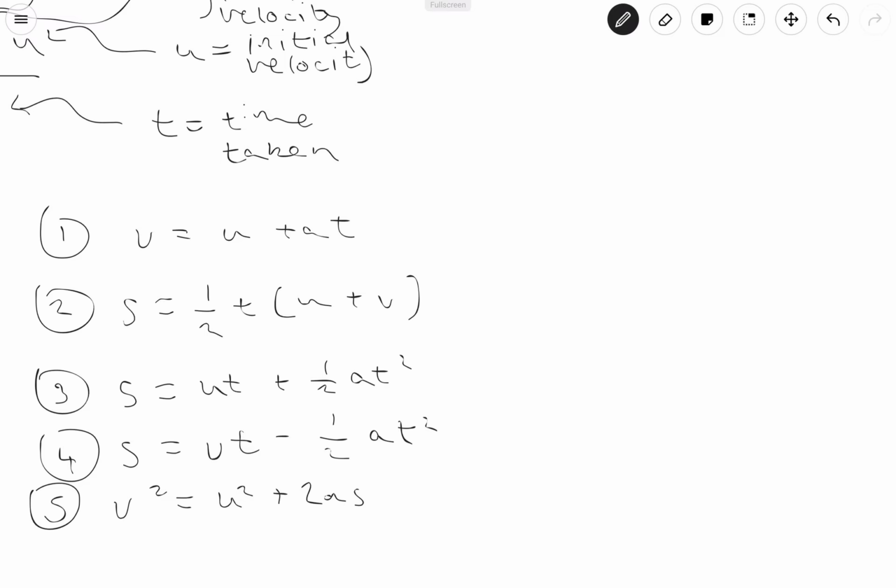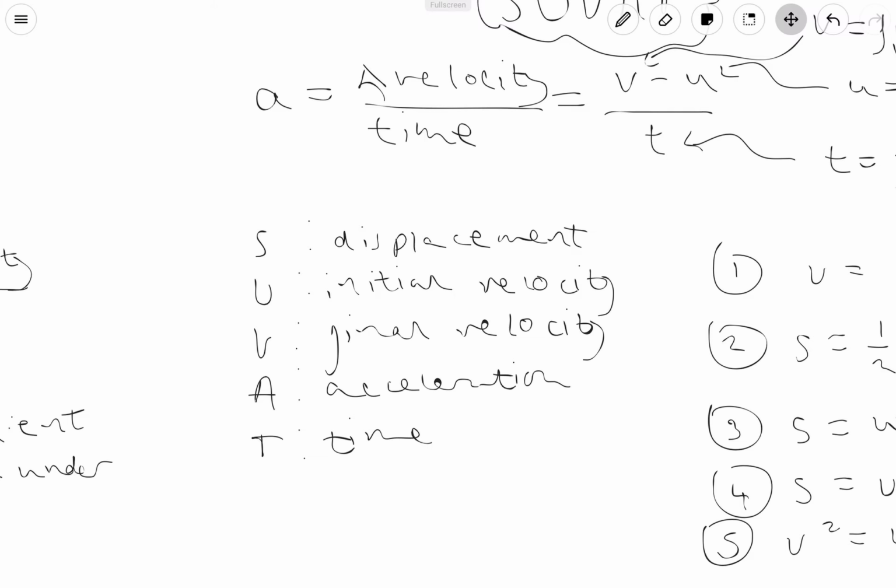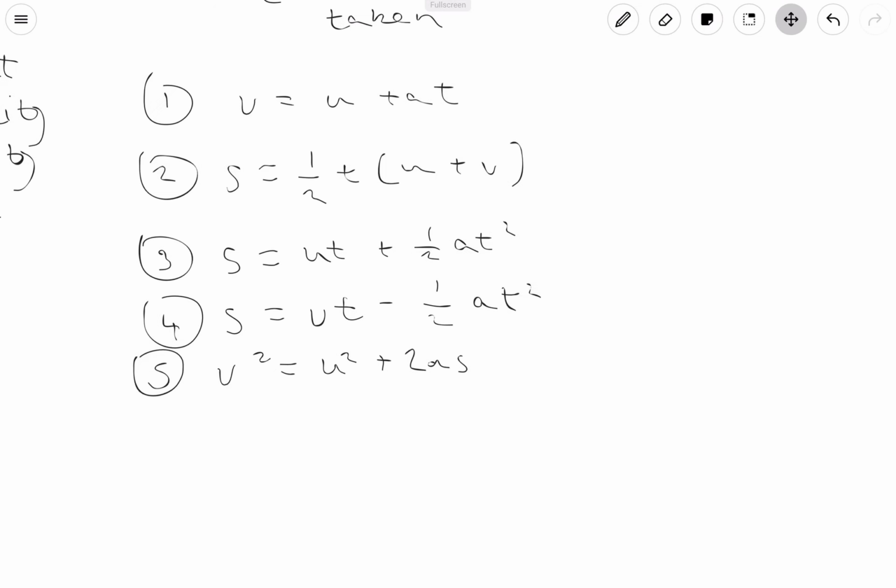Now, what do all these different equations mean? Well, as we discussed here, there are five different quantities here that we want to measure. 1, 2, 3, 4, 5, and there are 5 different equations here. What that means is that each of these equations omits one of the physical quantities.